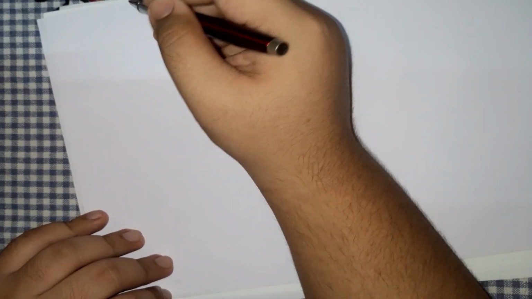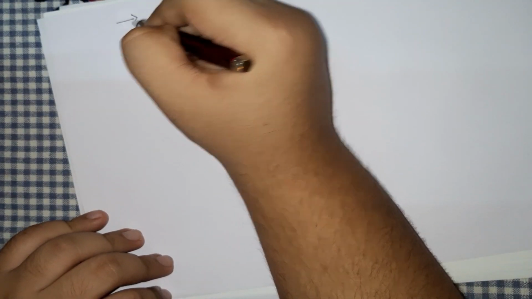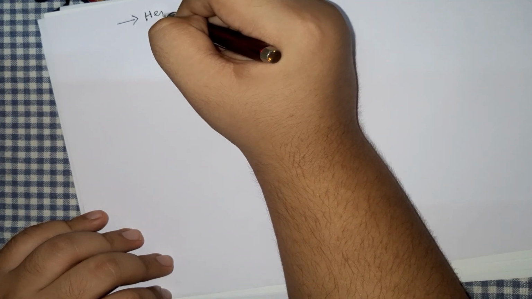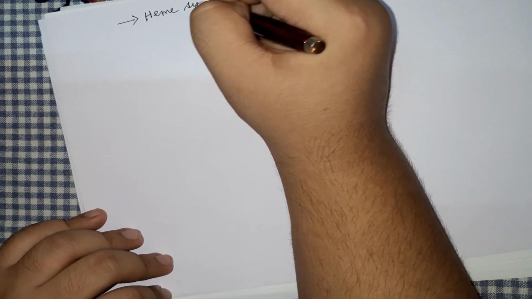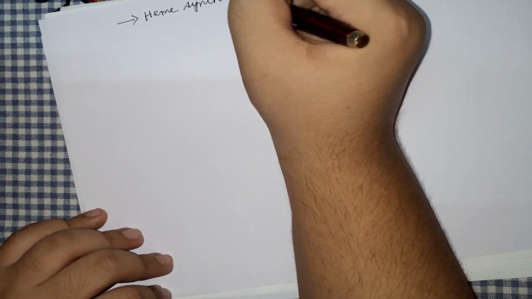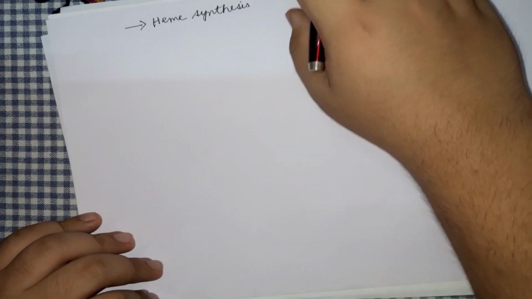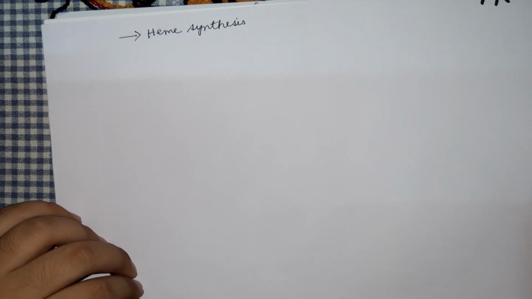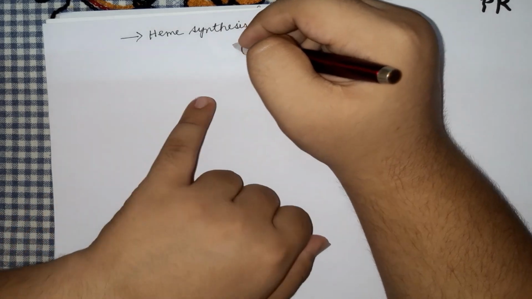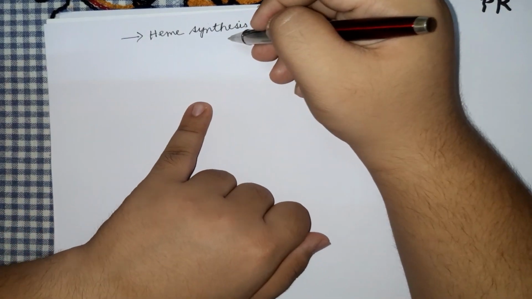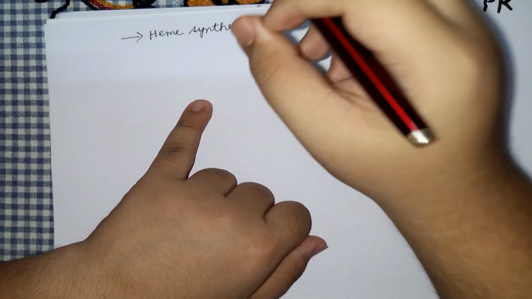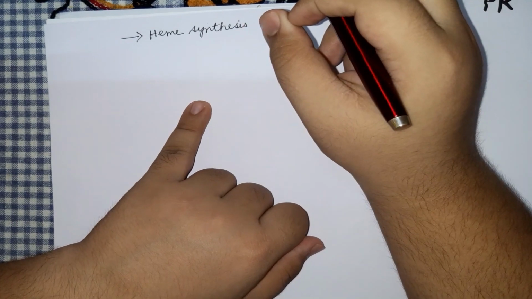All right. So just to name some of the other things that glycine is involved in, firstly, heme synthesis. Oh, sorry, the camera is disturbing today. In heme synthesis, glycine is actually the starting material.